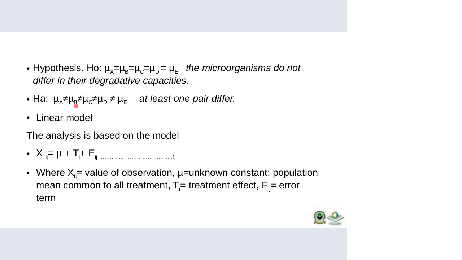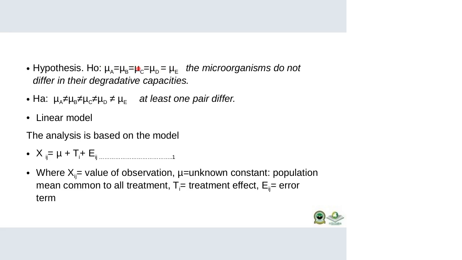Now, the second stage is to construct our hypothesis. In this case, we have our null hypothesis to say that all the microorganisms have the same degradative capacity. The microorganisms do not differ in their degradative capacities. They are the same.